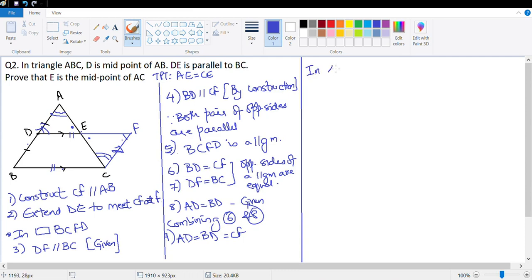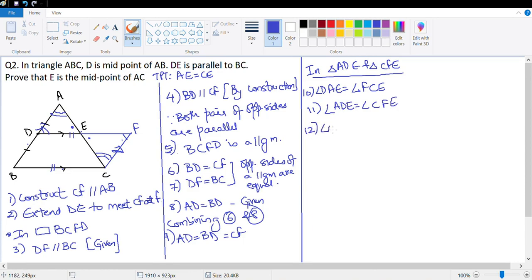So let's write this down. In triangle ADE and triangle CFE, what do we know? Number 10 would be angle DAE is equal to angle FCE, right? Number 11 would be angle ADE is equal to angle CFE.